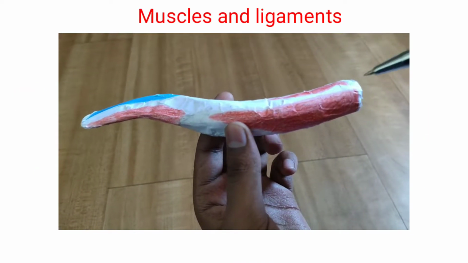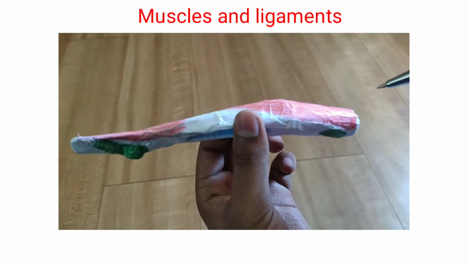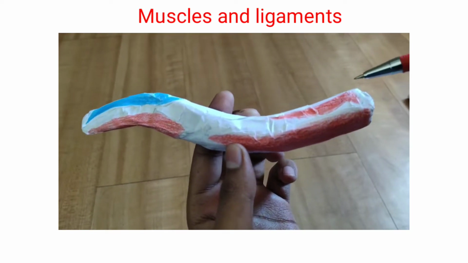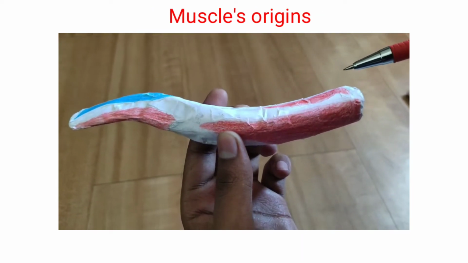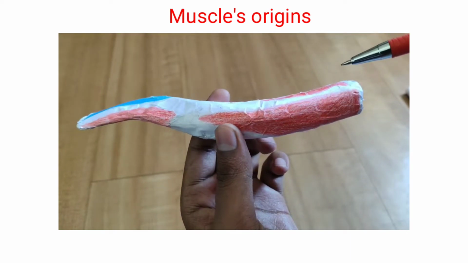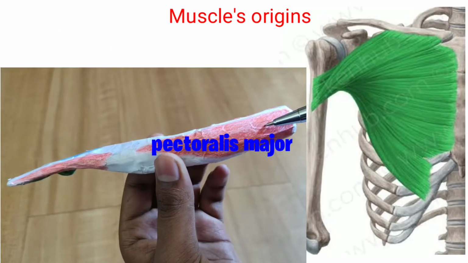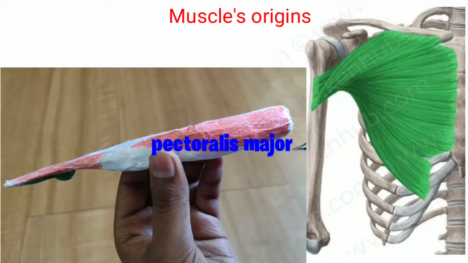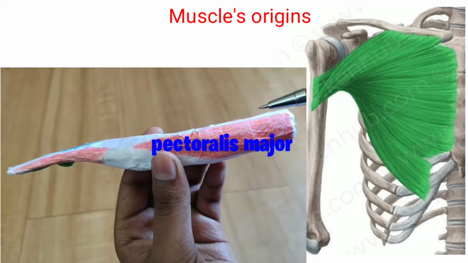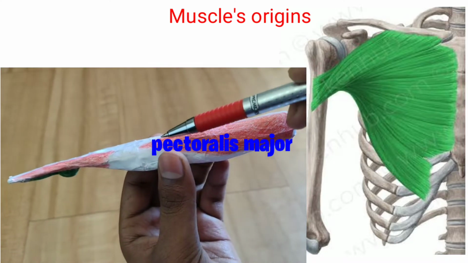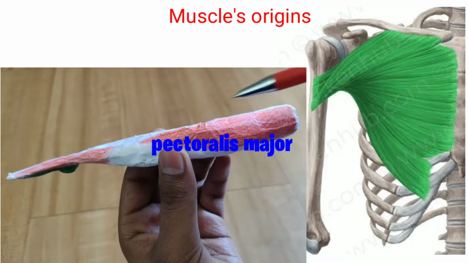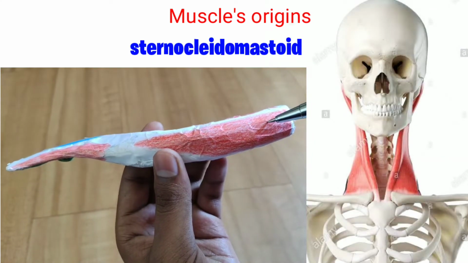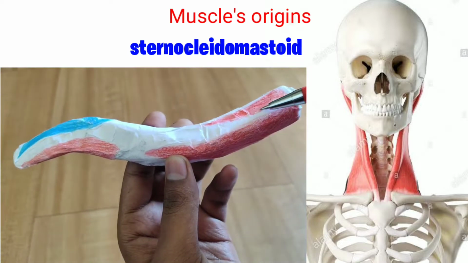Let's see the muscles and ligaments attached to the clavicle. First, let's see the muscles which get origin from the clavicle. First muscle is pectoralis major. The pectoralis major muscle will get its origin from the medial two-thirds shaft in its anterior surface. And the next one is sternocleidomastoid muscle.